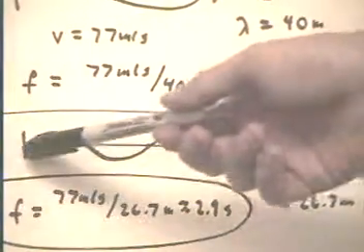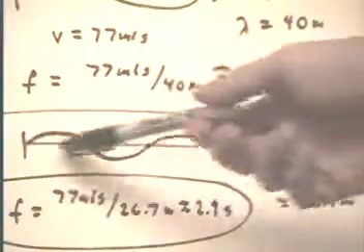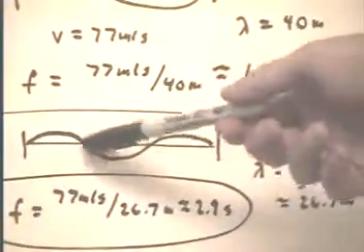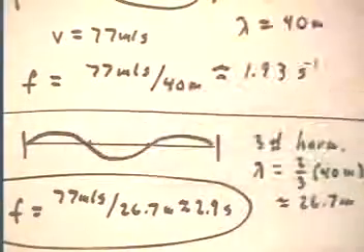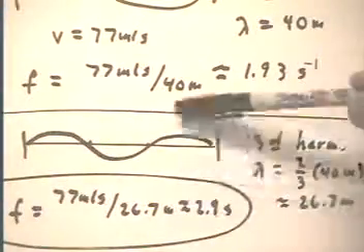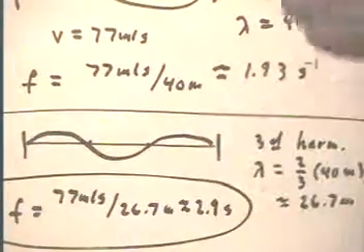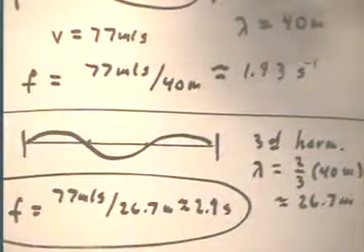Again, we can visualize a second's worth, almost twice the length of this string, and one cycle being only this long now, almost 3 of those cycles will pass us in a second. So this thing will go through almost 3 of its complete cycles in a second.